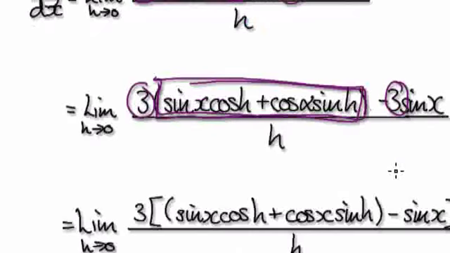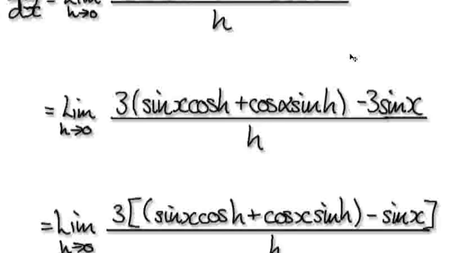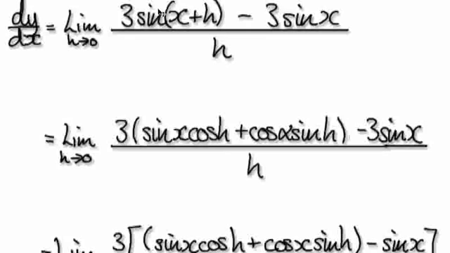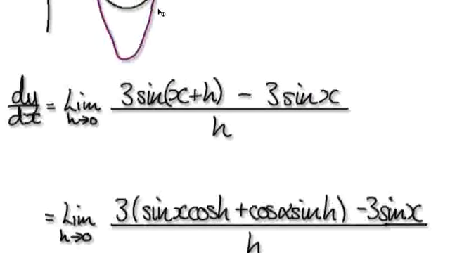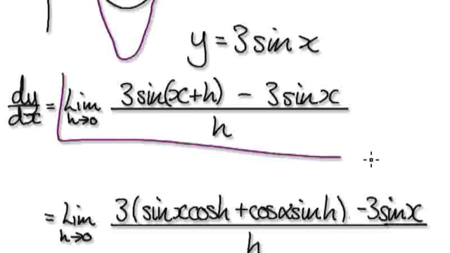So you can actually factor out the 3. Let me move this across. Look what happens to the 3. Originally we had y equals 3 sine of x, so dy by dx gives you this.